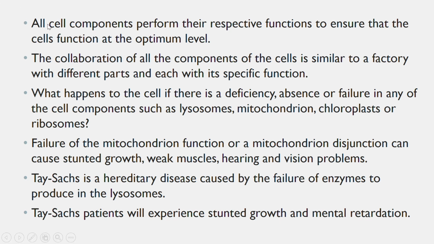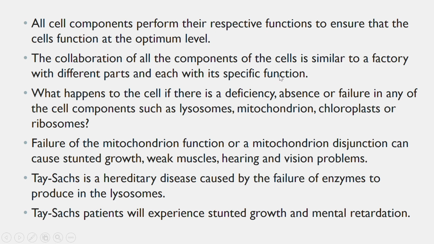Okay, so the first sentence: all cell components perform their respective functions to ensure that the cells function at optimum level. Okay, so you see, they all work together in collaboration with one another.